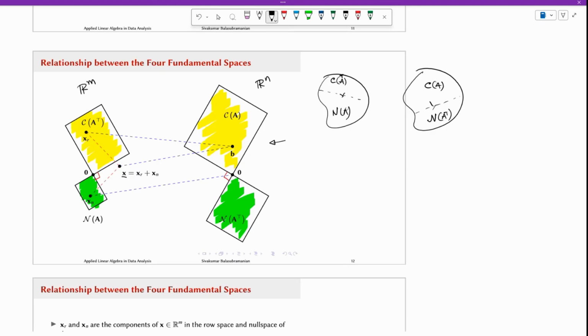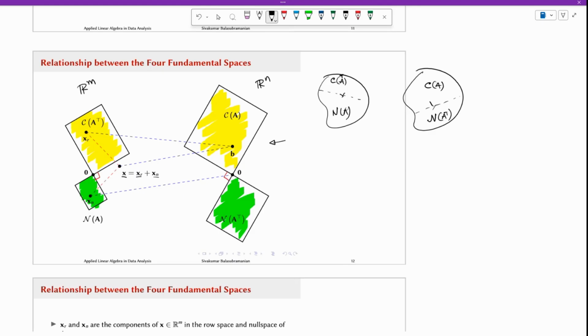We earlier saw that if you have any vector and complementary subspaces, you can write that vector as a sum of components from each of the complementary subspaces. Because we have orthogonal complements here, I can write x as a sum of two components, xr and xn. Xr is the component of the vector x from the row space of A. Xn is the component of x from the null space of A. If you add them together, you get the original vector x.